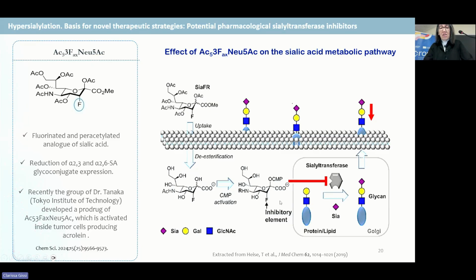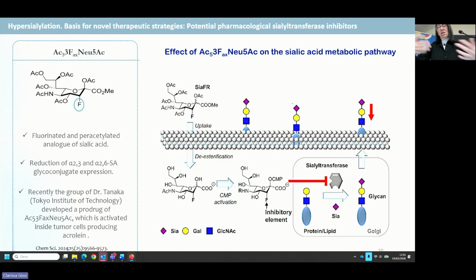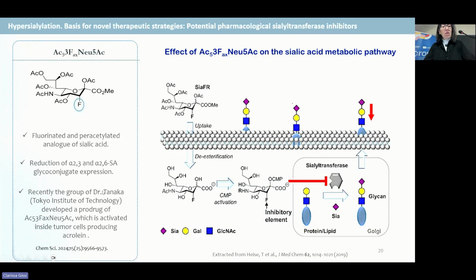In fact, this compound has been tested now in pancreatic cancer, but also in other types of cancer, and due to the promising results, as you will see, there is a group now in Japan that has developed a prodrug of this glycomimetic that is activated only in most of the tumor cells that are producing acrolein, which releases the prodrug as an active drug inside the cells.